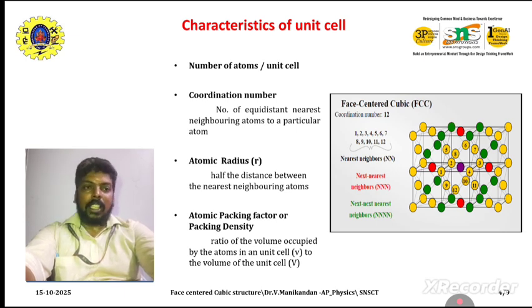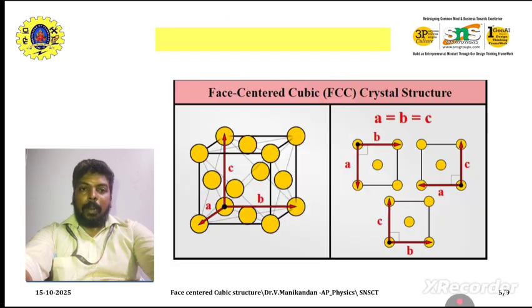Next, the distance between the nearest atoms, the atomic radius, will be calculated, and finally the atomic packing factor, which is the ratio of the volume occupied by atoms to the volume of the total unit cell.